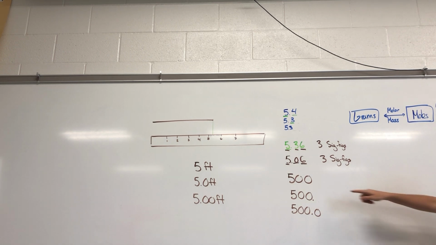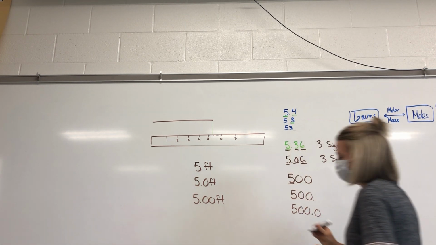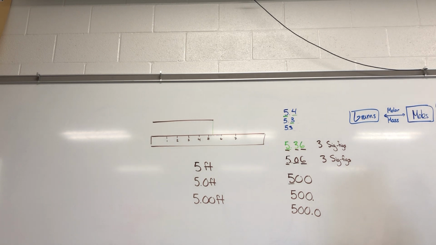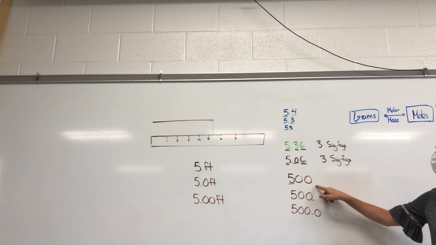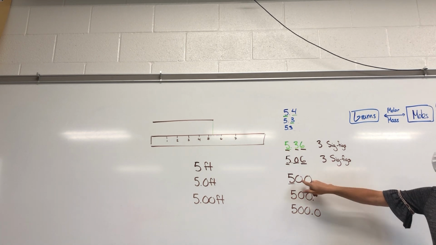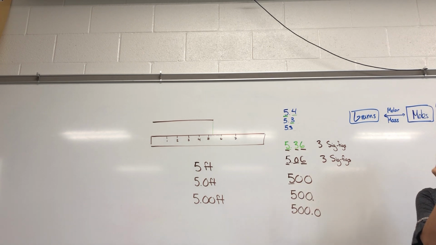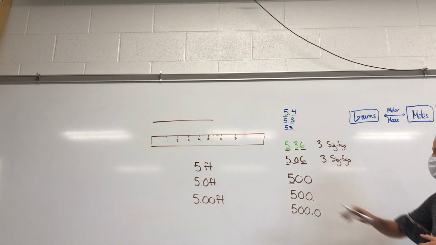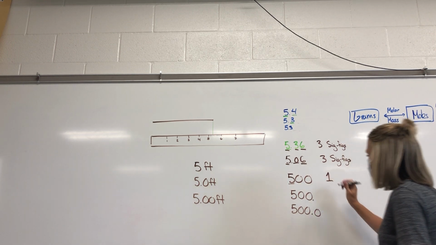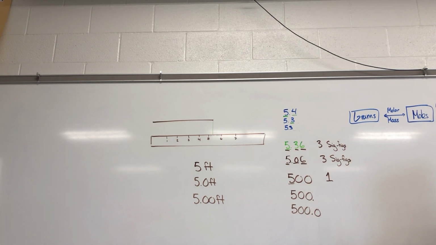Okay? In this first one right here, the 5 is significant because it's not a 0. But because there's no decimal place, these zeros are just holding the place value and they don't count as significant measurements. So we would say that this measurement only has 1 sig fig.